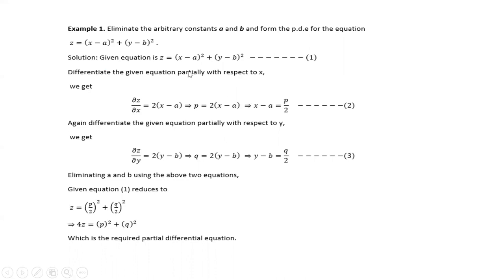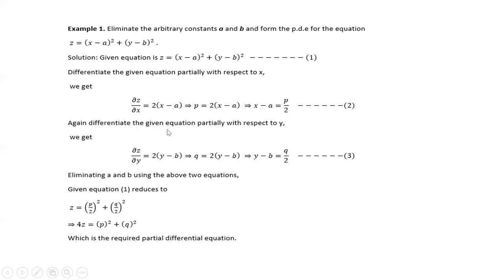So when we differentiate, we get only 2 into (x minus a) on the right hand side. That implies p, since ∂z/∂x is represented as p, is equal to 2 into (x minus a). Or that implies x minus a is kept on one side and p and 2 on the other side. That becomes our equation 2.